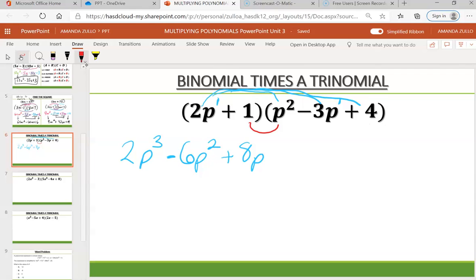So I'm going to put that underneath negative 6p to the second power. They're like terms. Now I have 1 times negative 3. Positive times a negative is a negative. And it'll give us negative 3p, which should go underneath this 8p. Like terms. And finally I have 1 times 4. That gives me positive 4. There is no like term, so it's going to come over here to the side.